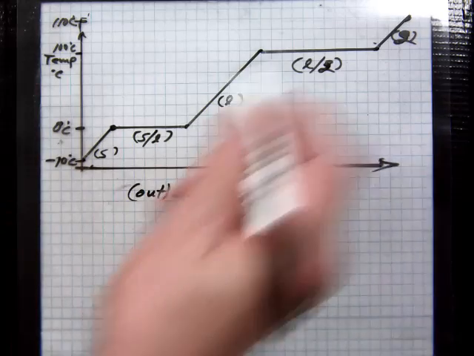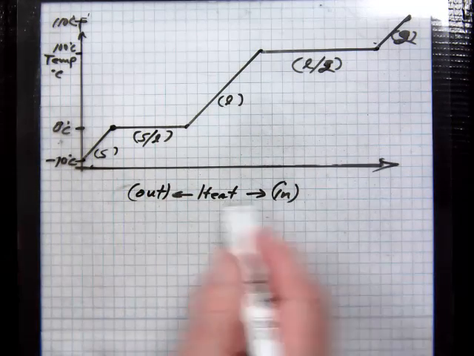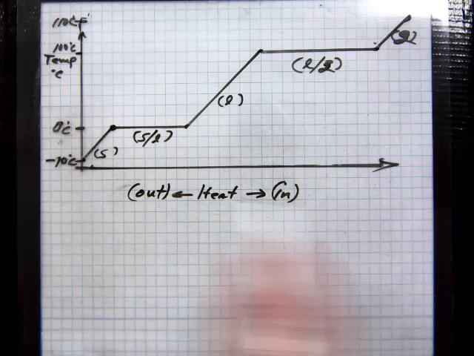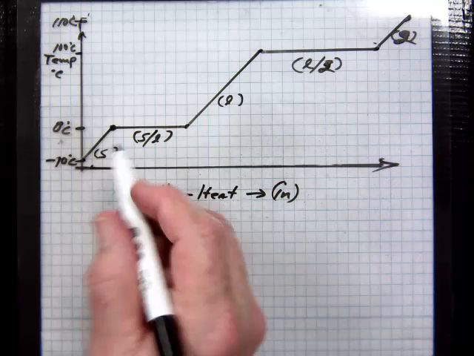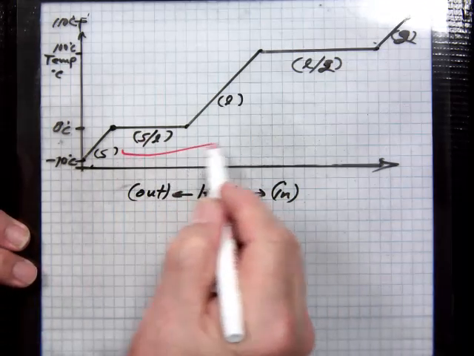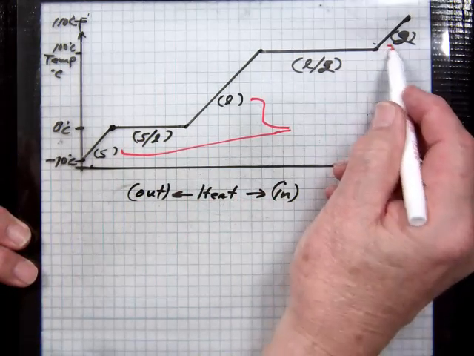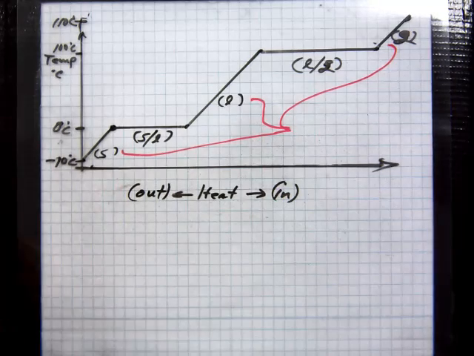each one of these has a certain amount of heat. See, this is heat quantity going horizontally. If we're looking at a sloped type line, here, here, and the gas phase right there.